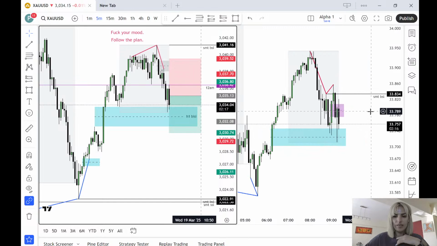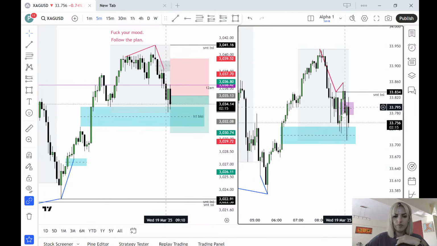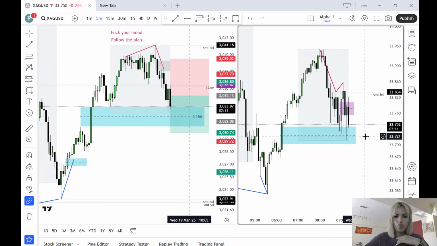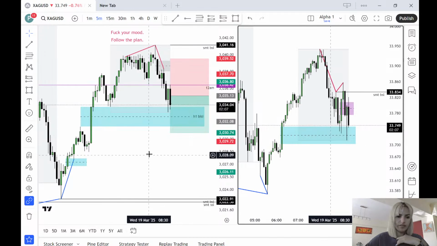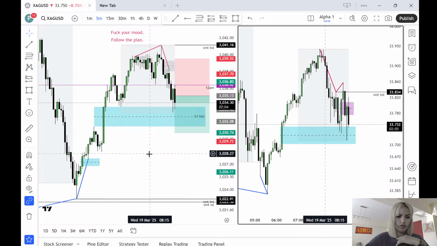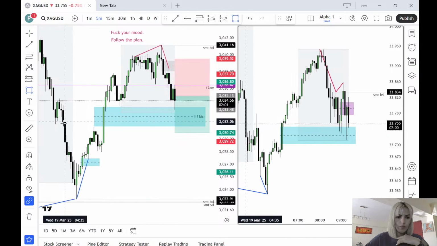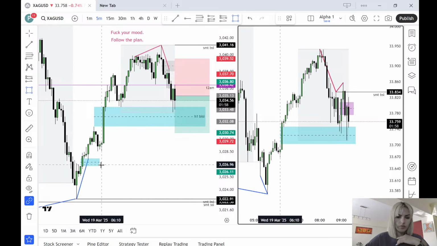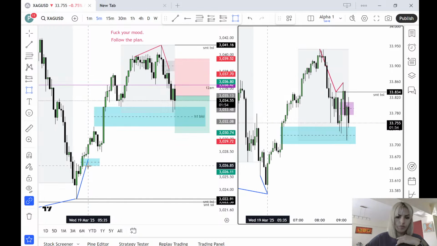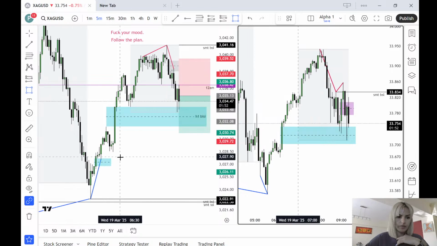I love the way silver is inverting this. I would love to see it continuing to do that, obviously. That would be a win. I'm going to check this out. All right, not such a big thing.